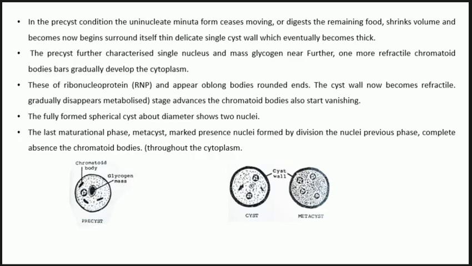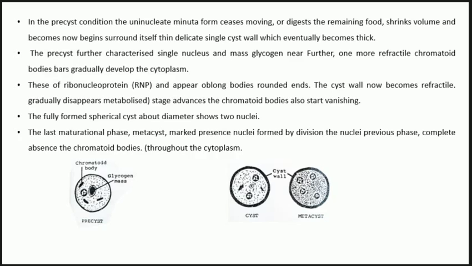when ingested by man. Now, the cyst form enables these parasites to resist the effect of unfavorable environmental conditions outside the host body. Once this cyst enters the human through the stomach, the cyst wall protects the metacyst from the digestive juices, and it goes towards the intestine where this particular cyst wall will open up.